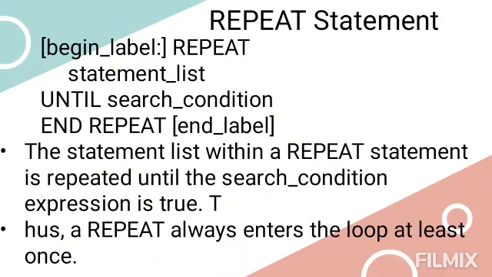In this loop, we can identify that the statement list is executed at least once. First of all, the statement list is executed and only after that the search condition is checked. So it is an exit controlled loop, similar to the do while loop in our C language.